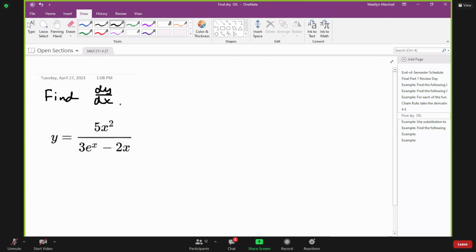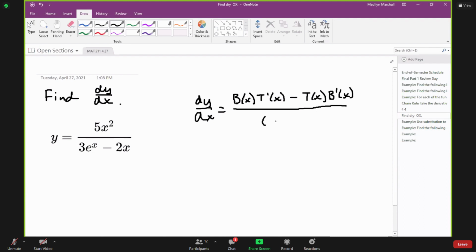Okay, so just an example, sometimes it might be y prime, sometimes it might be dy dx. This is a normal derivative, so we use the normal d's. And the quotient rule is bottom times the derivative of the top minus the top times the derivative of the bottom, all over the bottom squared.